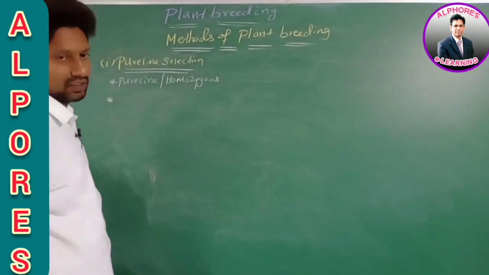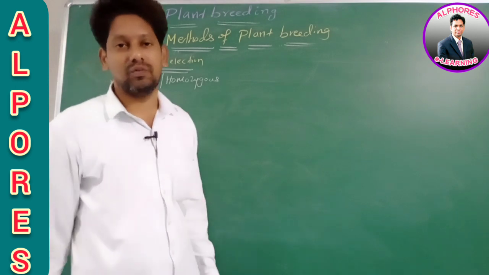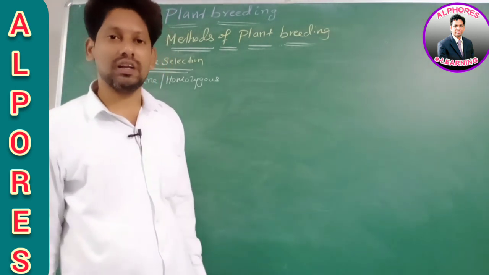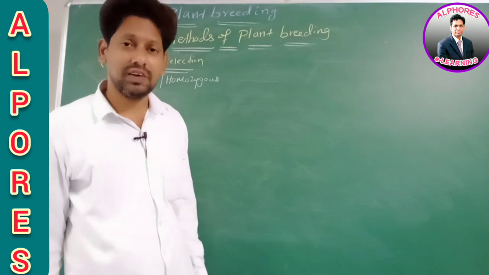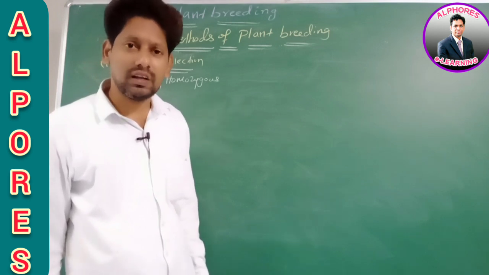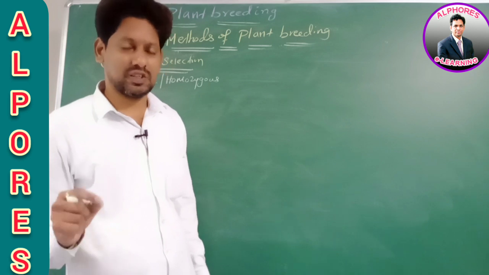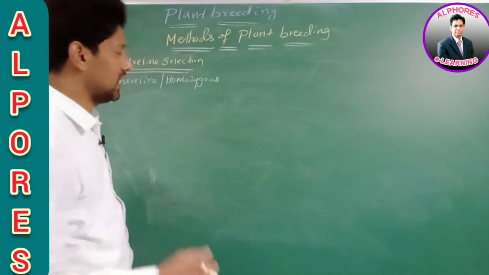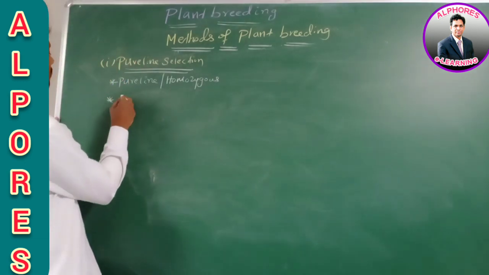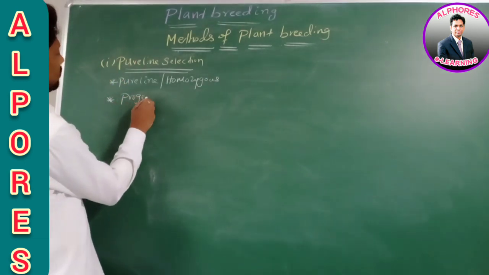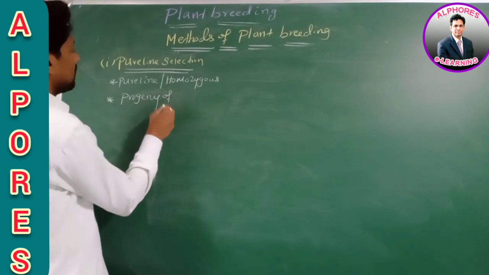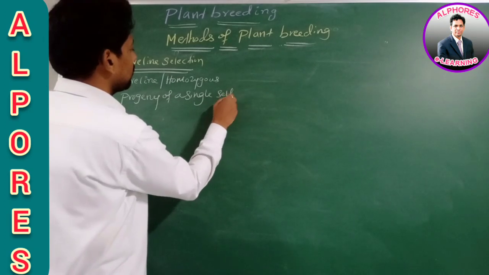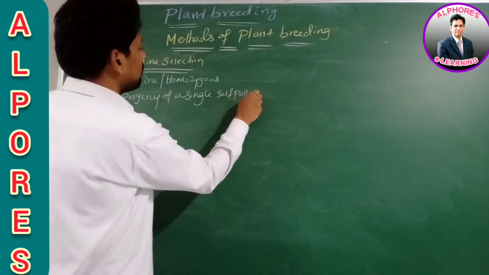Now listen here. Progeny of a single self-pollinated homozygous plant is called as pure line.